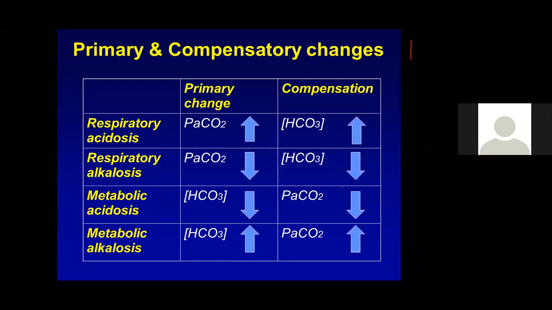Now coming to the reverse, where everything is low. The pH is low, the bicarb is low, and the carbon dioxide is also low. So all three are reduced. What does it mean?